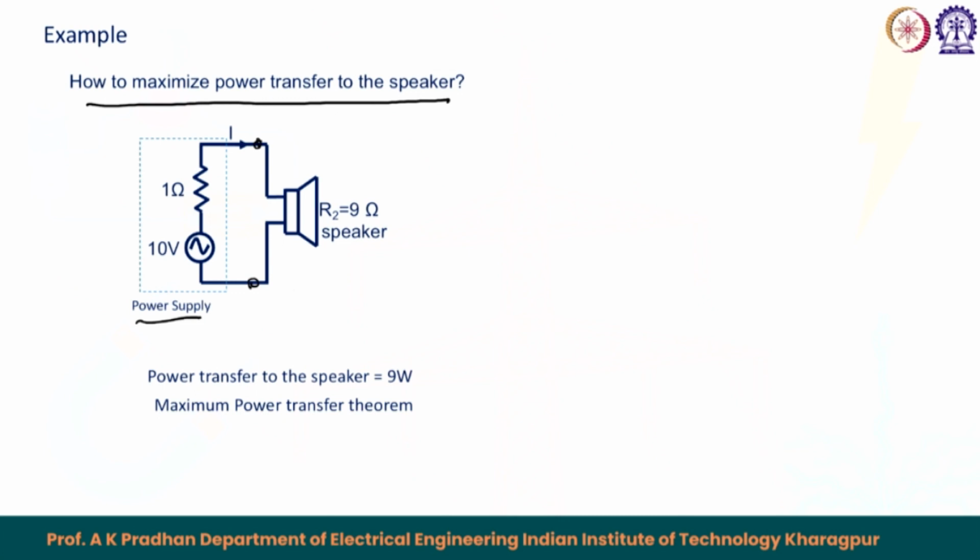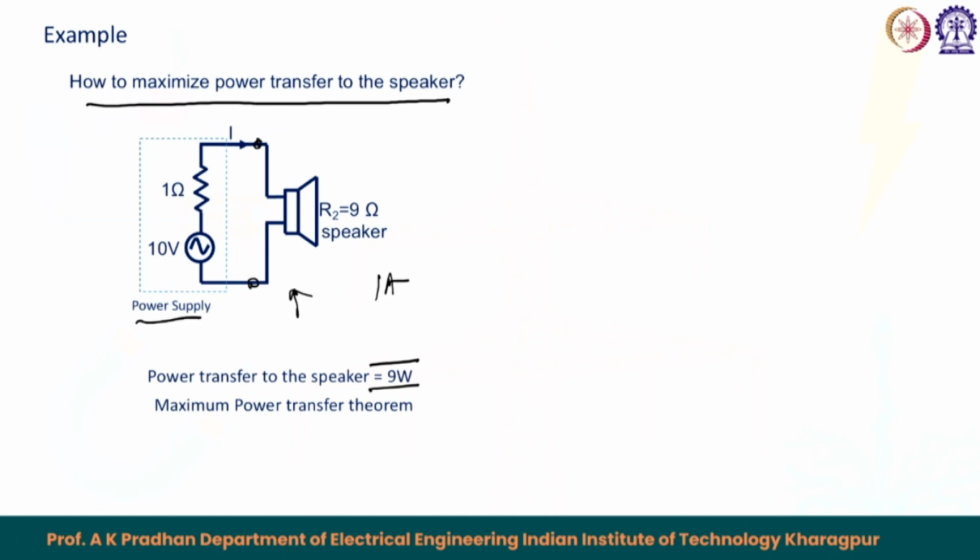So, in this case the current through this path becomes, in this AC circuit, 10 upon 10, that results in 1 ampere of current, and therefore, through the 9 ohm resistance I square R will be there. So, the power associated with the speaker becomes 9 watt.